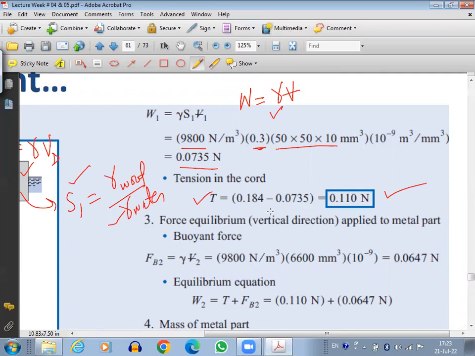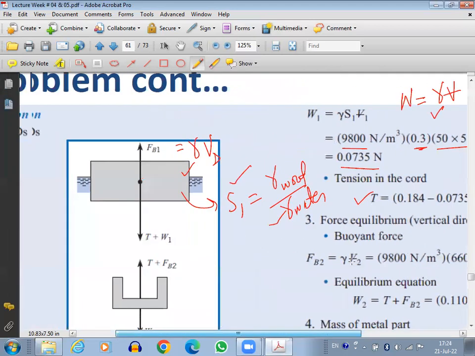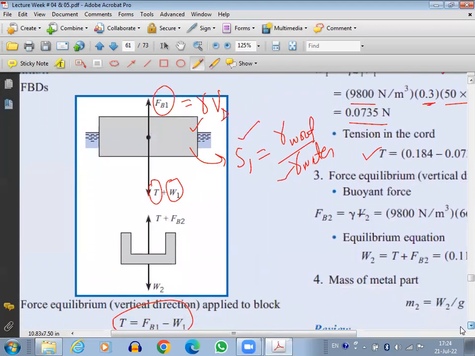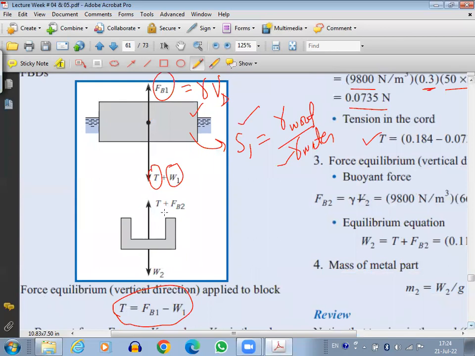Okay. Now the next thing is that we need to find out for the metallic object. Let's see the balance for the metallic object. Obviously the weight of the metallic object will be going in the downward direction, and we will have the buoyancy force in the upward direction, and we will have the tension in the upward direction.